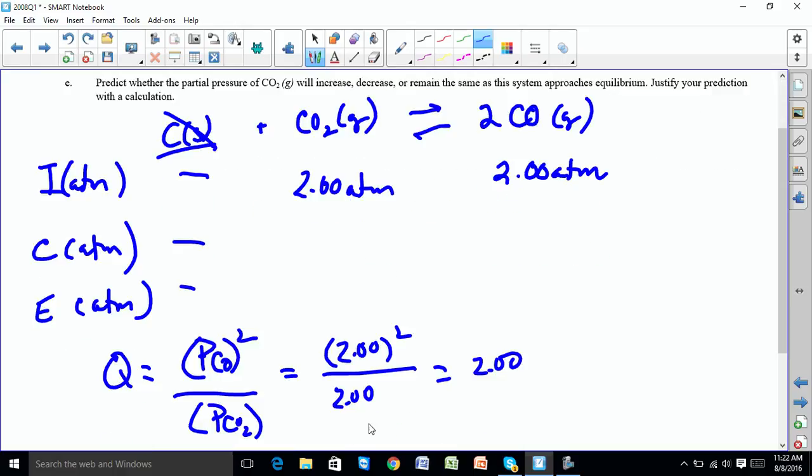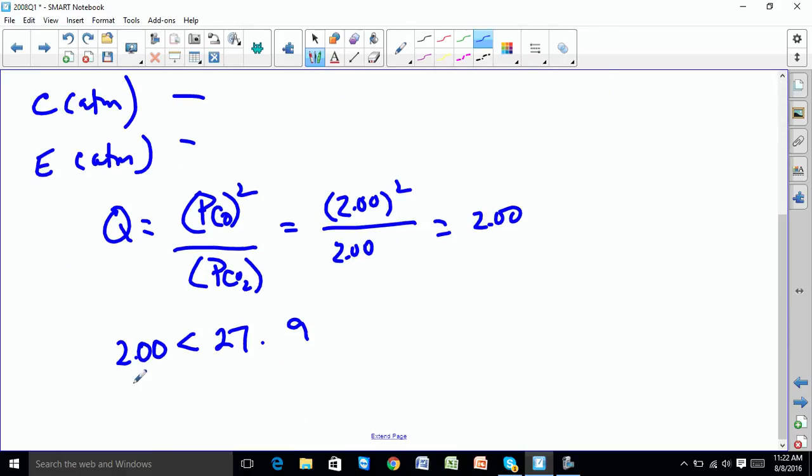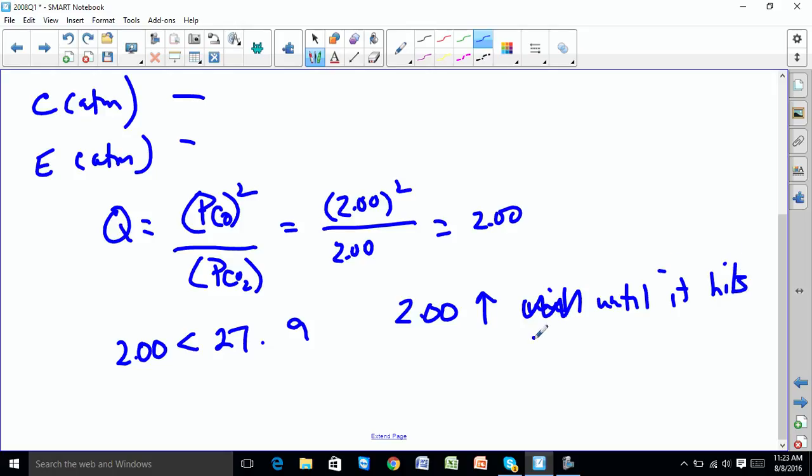And so what happens in this problem is, as this reaction proceeds, the 2 needs to grow until it hits 27.9. Now remember, the equilibrium constant is right over left.